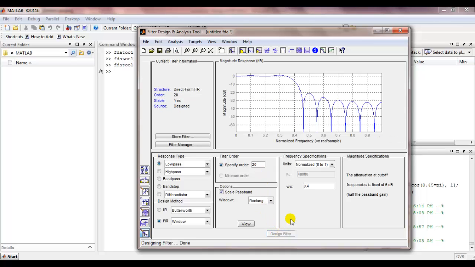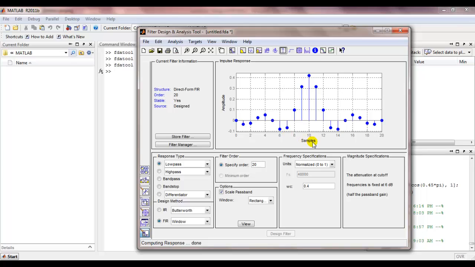And if I say design filter, it's a good filter, for example, for low pass, and this is what it means in terms of the symmetric response. So my M is 20, so M by 2 is 10. You see my response is symmetric around n equal to 10. I have a mirror image on the left and the right. It's symmetric around the halfway point.